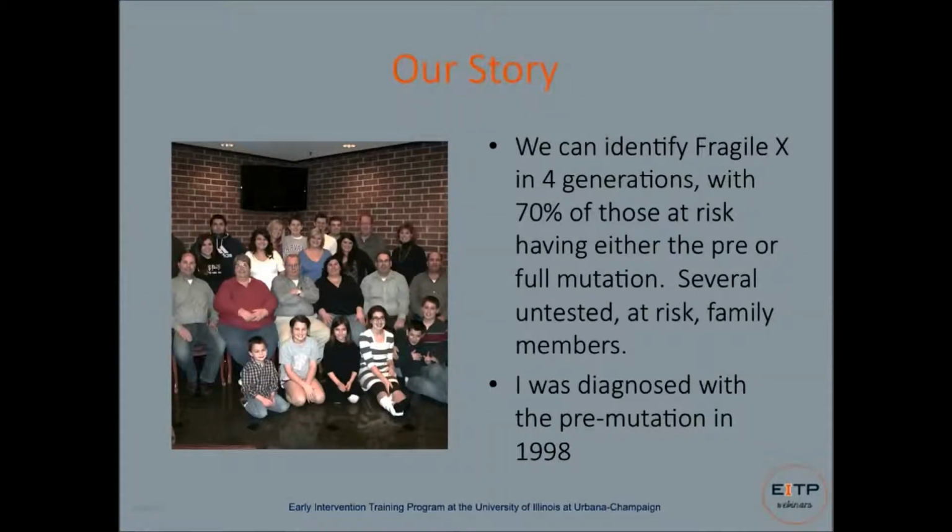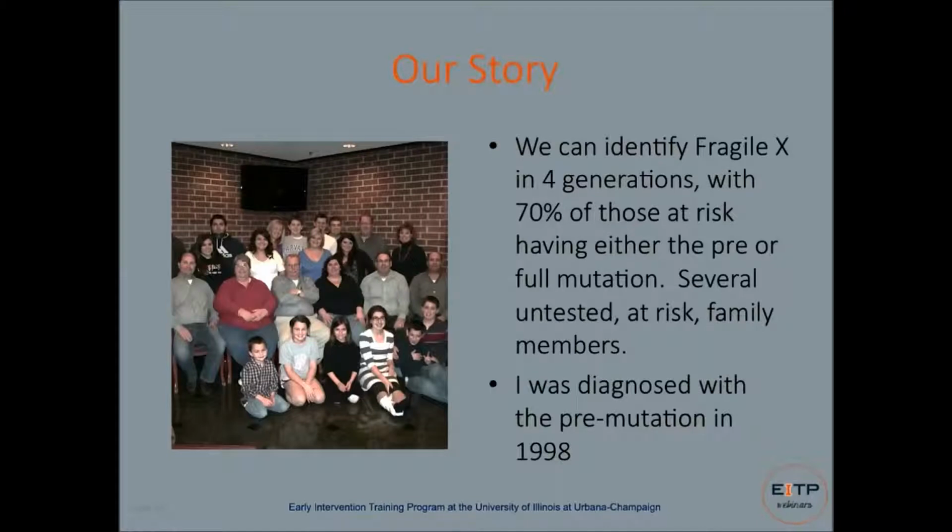All right, so in my family, once we received the diagnosis, we were able to actually look back and identify it within four generations of my family. And as I talked about before, the inheritance pattern is 50-50.